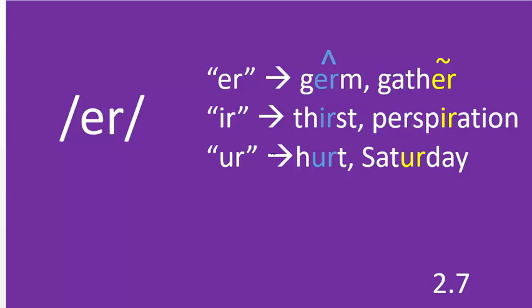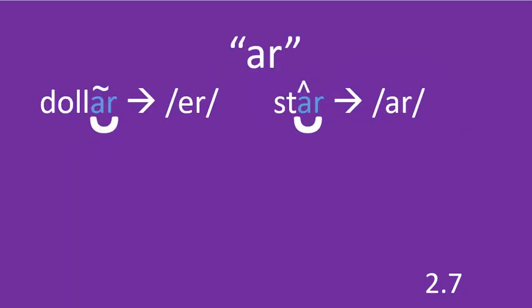The vowel R combinations spelled ER, IR, UR in an accented syllable are pronounced like in germ, thirst, hurt. In an unaccented syllable, these combinations are also pronounced like in gather, perspiration, Saturday.